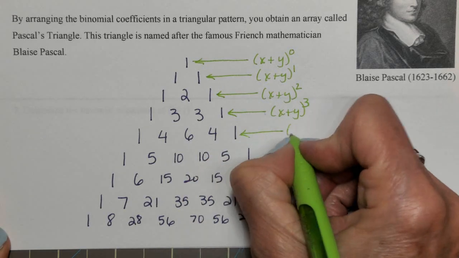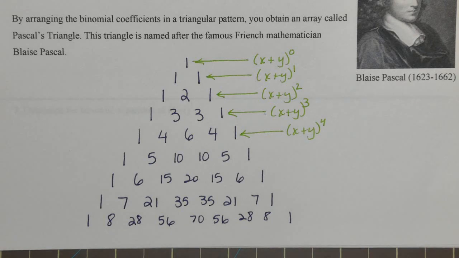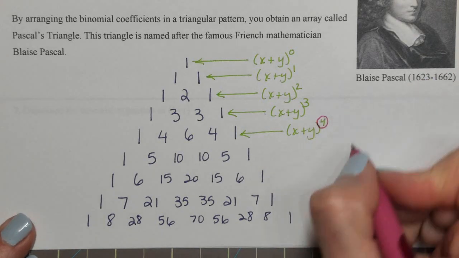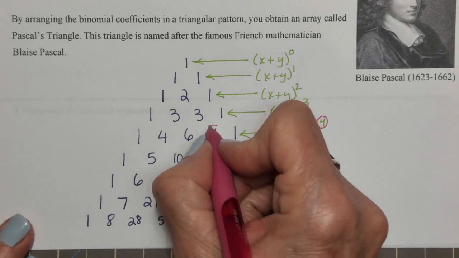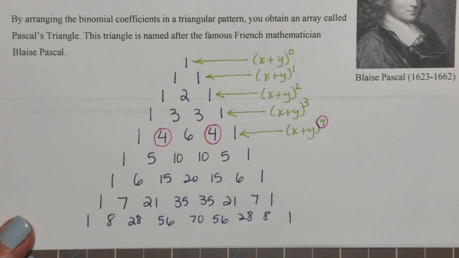How I remember this is the power: you go to the row with that number in it. And there's always only one row with that number in it.